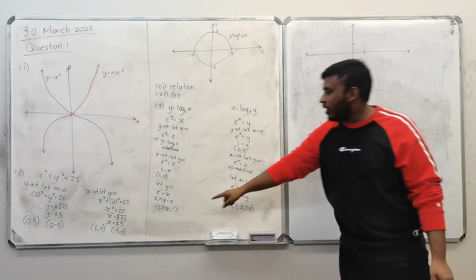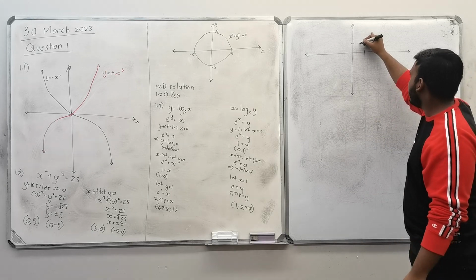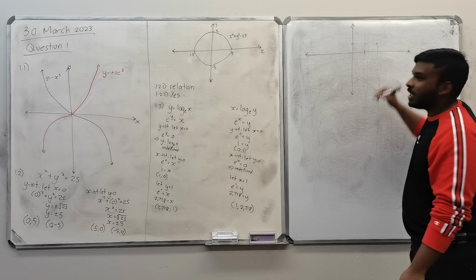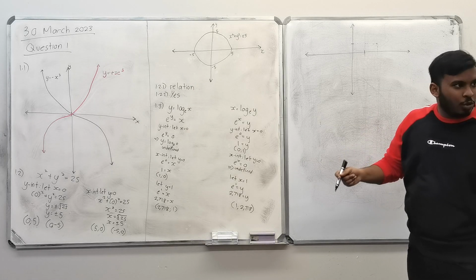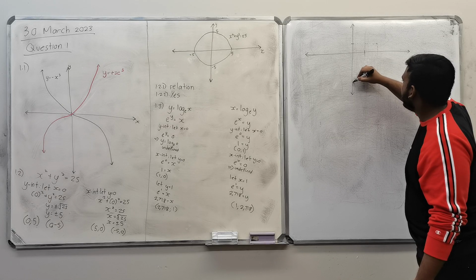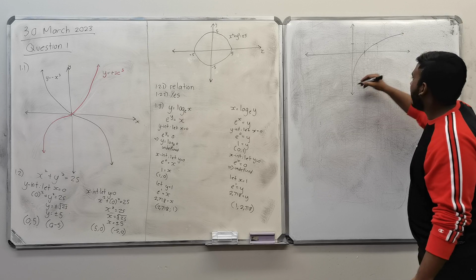Other point is 2.718 and 1. So if you look at it, it's going to be maybe say there. Right? So you know now how your graph is going to look, because it has to come through those points. You draw it as close to this y-axis as possible, and then you draw it again.